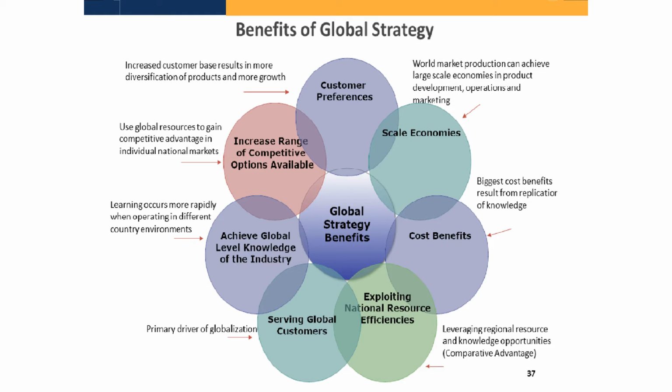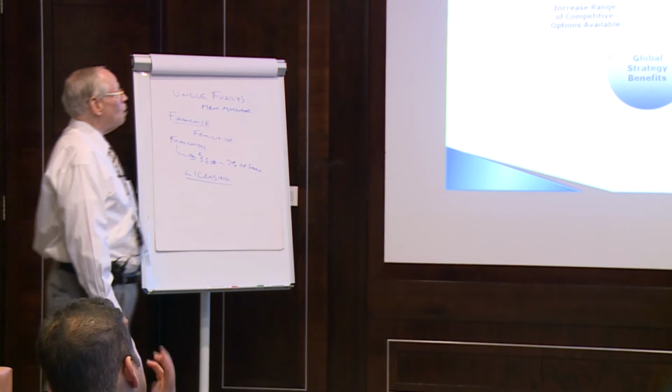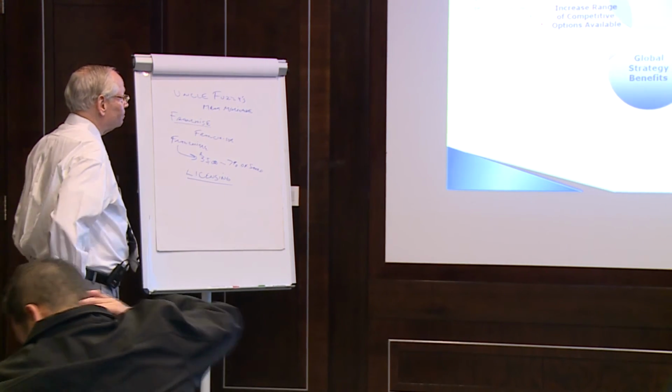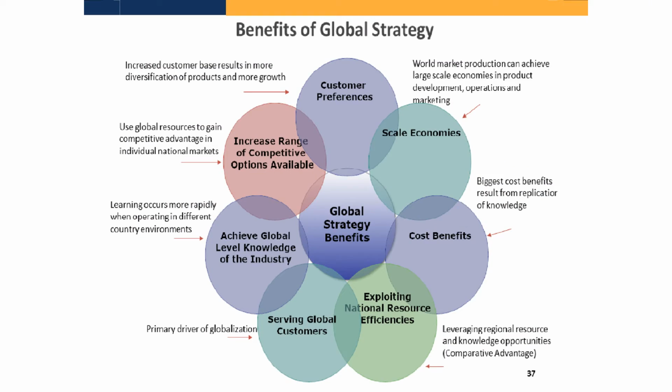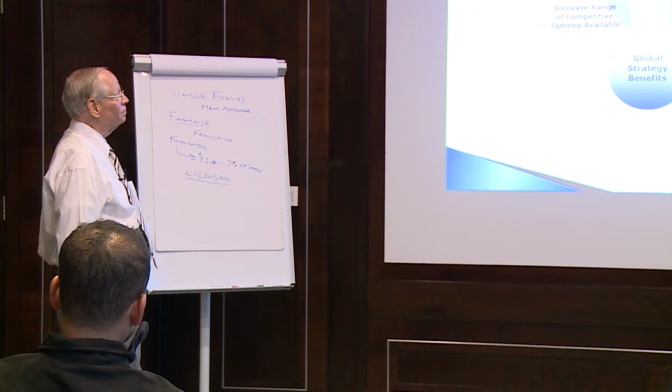So, benefits of global strategy. You increase the range of competitive options available. So you use global resources to gain competitive advantage in individual national markets. Customer preference: increased customer base when you go global results in more diversification of products and more growth.